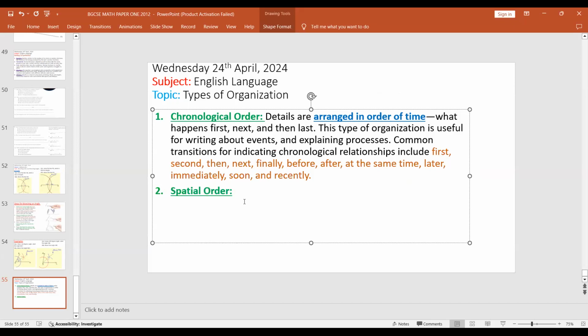And spatial order just basically means that your details are presented in order of how they relate to one another physically.